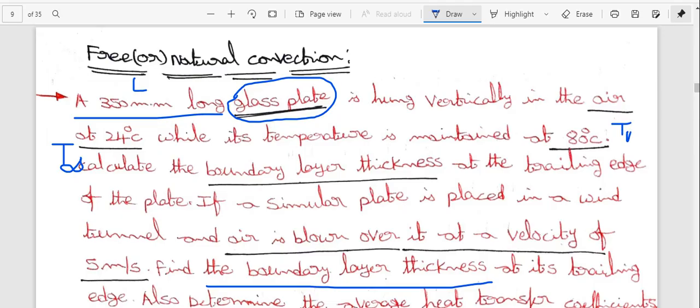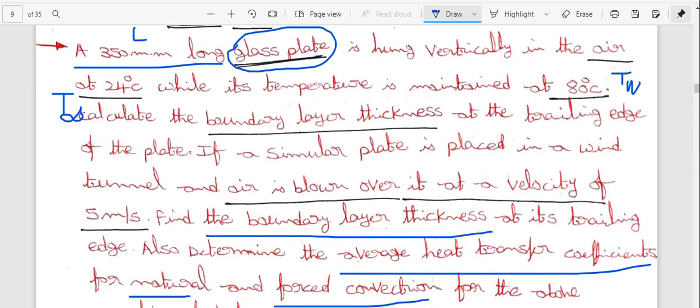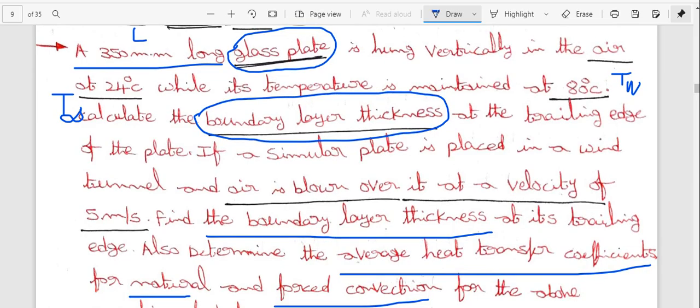This is the wall temperature. Calculate the boundary layer thickness at the trailing edge of the plate, so x is equal to the length of the plate.